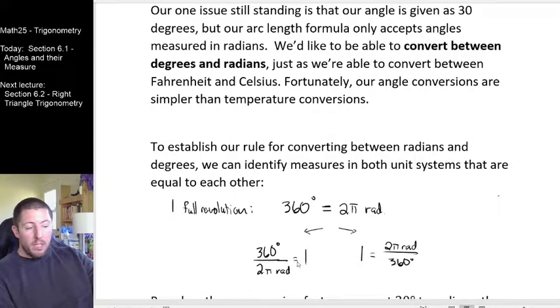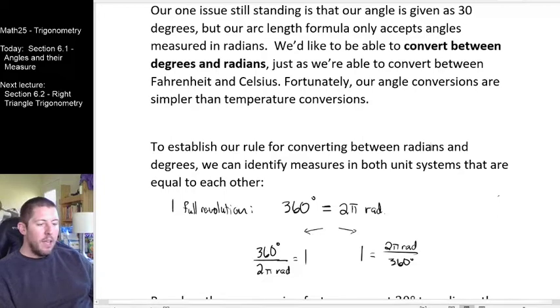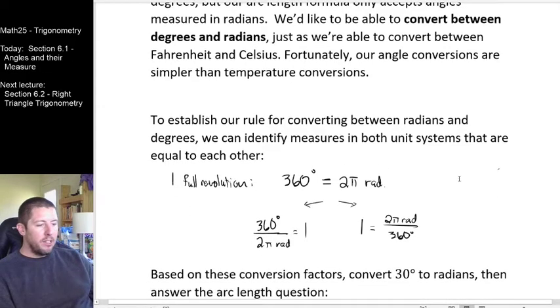So I'm allowed to multiply anything in the world by 1 because it won't change it. Multiplying something by 360 degrees over 2 pi radians doesn't change the value. It only changes what unit we're using to measure the angle. So these are our two conversion factors that we can use.